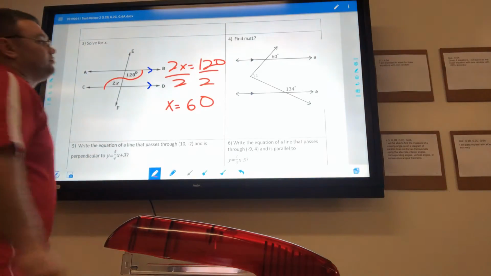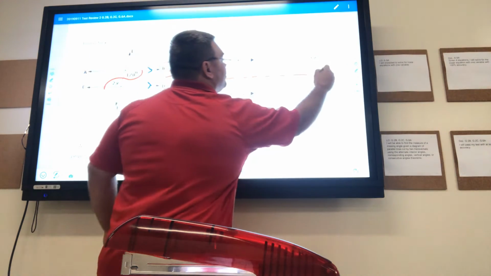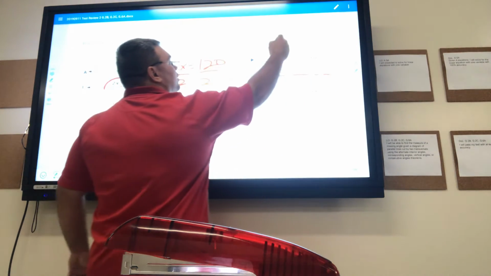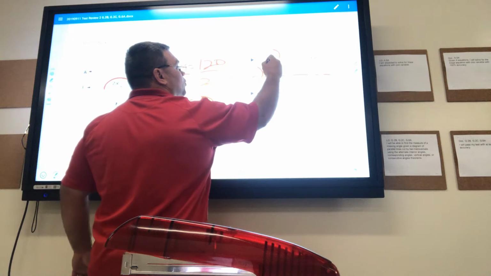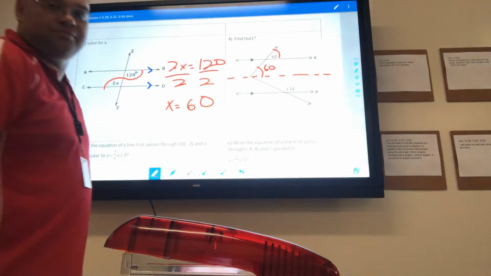Next one. Now this is one I'm going to go over tomorrow, but you would draw a line through. We notice that this angle and this angle are corresponding, so they're the same in measure.